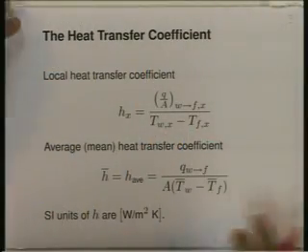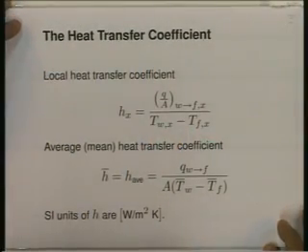Large heat transfer coefficients do occur, a few thousand watt per meter squared Kelvin or even a few 100,000 are not uncommon in such situations. So if need be, we can use kilowatt per meter squared Kelvin. But somehow it turns out that watt per meter squared Kelvin is the most common unit.